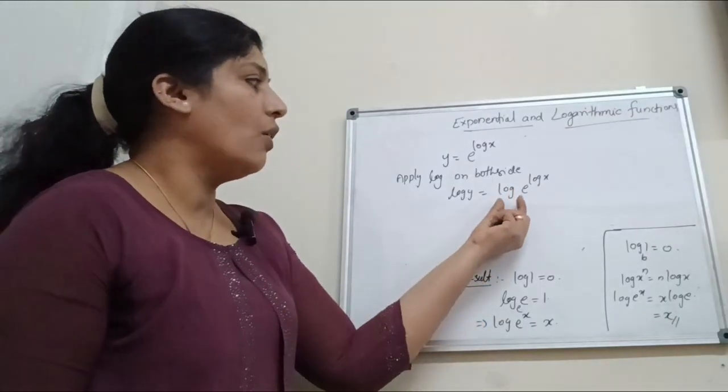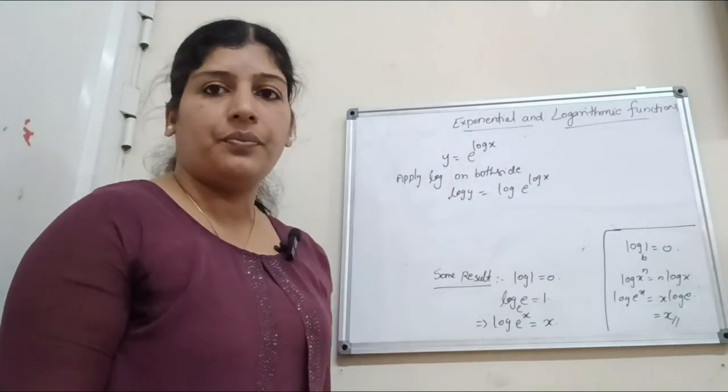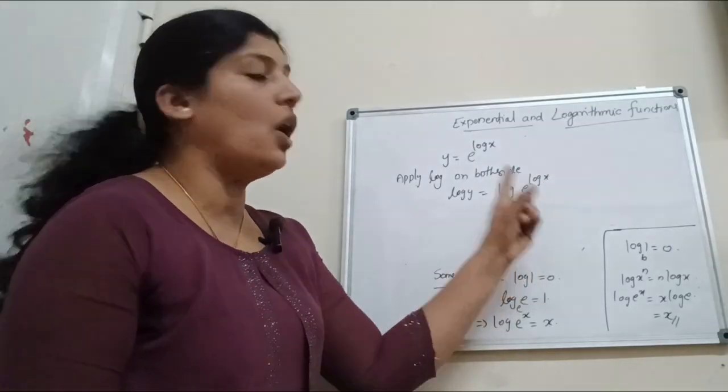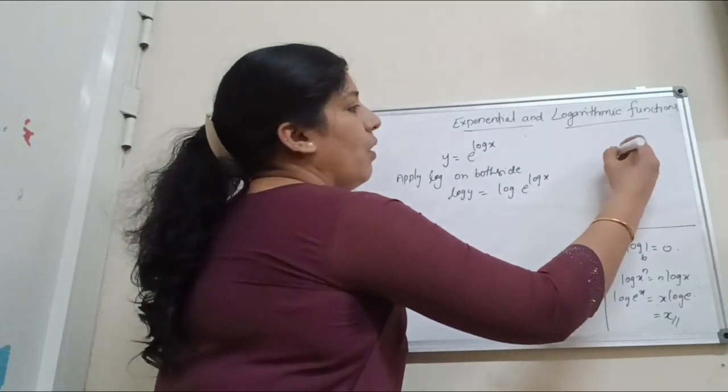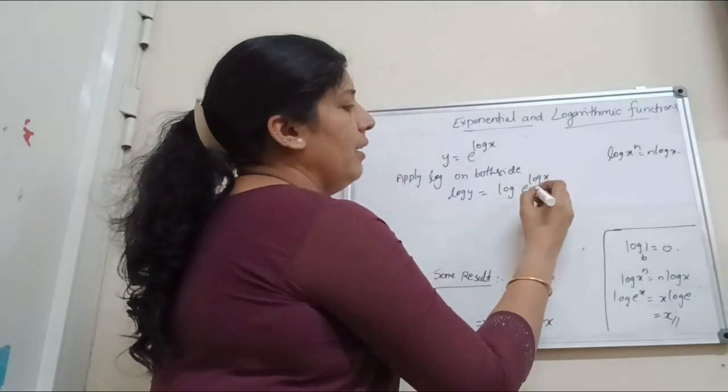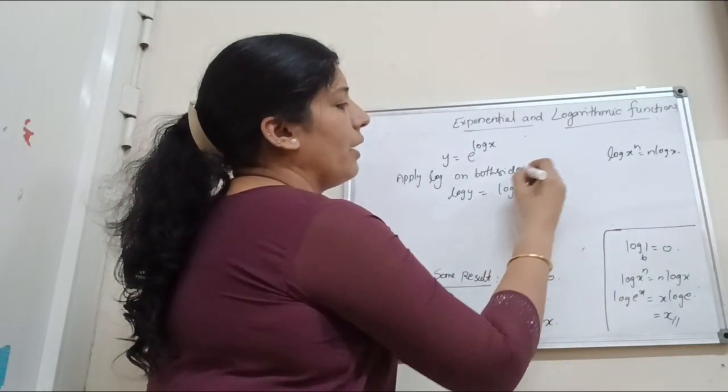Now here, log of e raised to log x, how can we write it? It is equal to log x into log e. That means log of x raised to n can be written as n log x. Here instead of n, the value is log x.